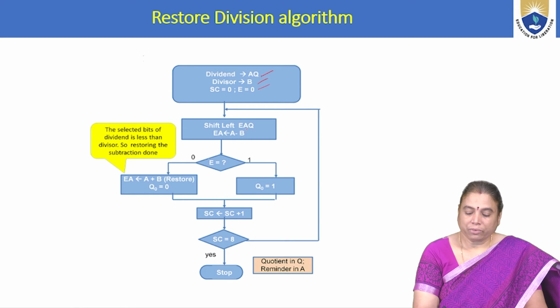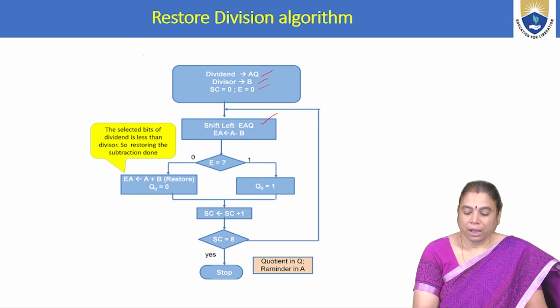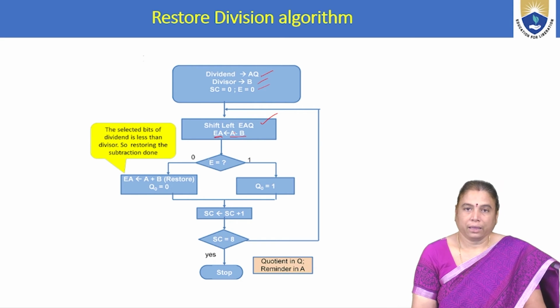Next, perform shift left EAQ on the 3 flip-flops E and AQ registers. After the shift left, A minus B can be stored in E and A. And we have to check whether the trial subtraction value is positive or negative. How can you decide? It is based on the E flip-flop value.